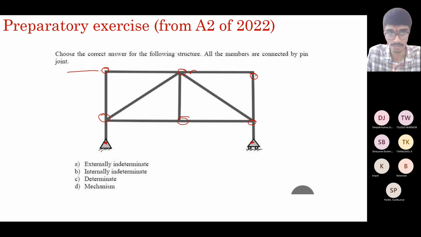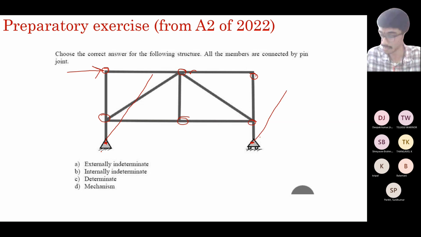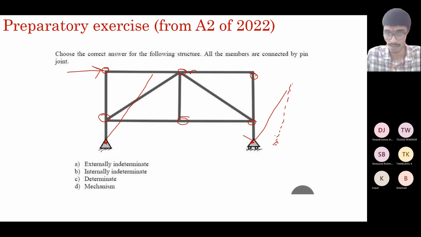So if you apply a horizontal force here, this panel simply rotates, because it is free to rotate. Each of these joints is free to rotate, and this can simply slide. So this not only rotates, but it can also slide. And there's nothing resisting this deformation, so it forms a mechanism.